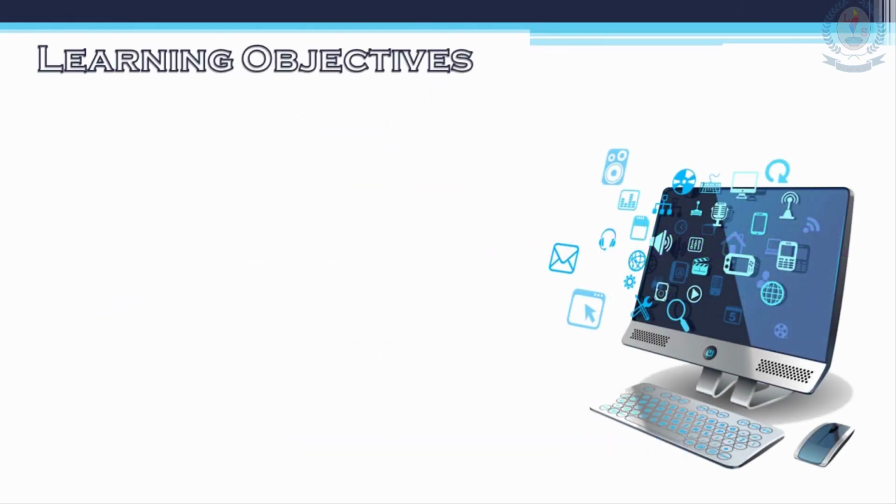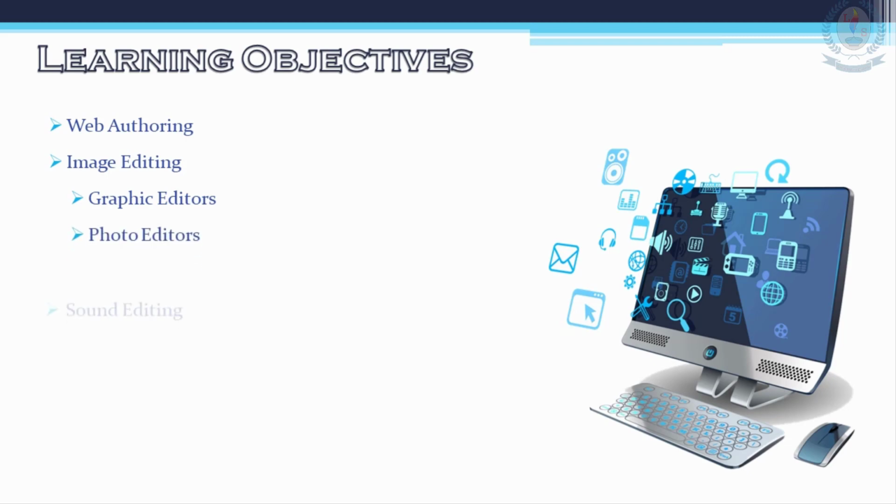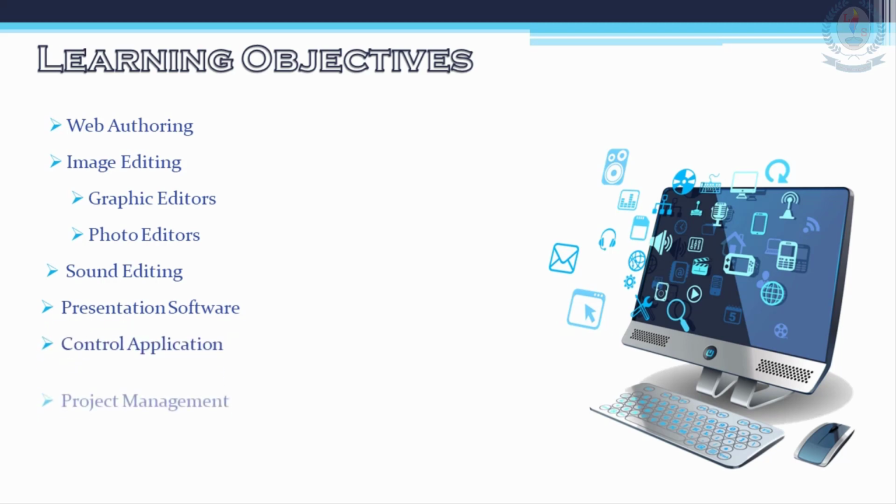By the end of this lesson, you will be able to learn about web authoring and image editing. Under image editing, you will learn about graphic editors and photo editors. Then sound editing, presentation software, control application, then project management, then communication software.